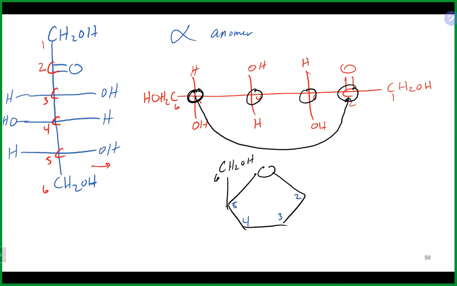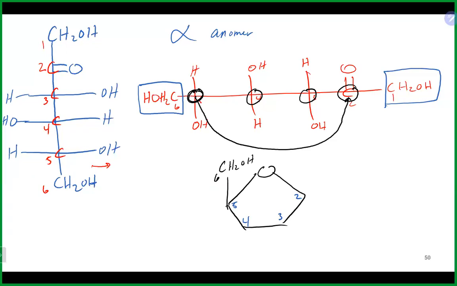So when we close this thing in as a ring, we end up with another carbon that is not part of the ring, right? And in case you're curious, that's where carbon number 1 is. It is not incorporated into the ring. It's actually off of the ring, as we can see there with our arrow.